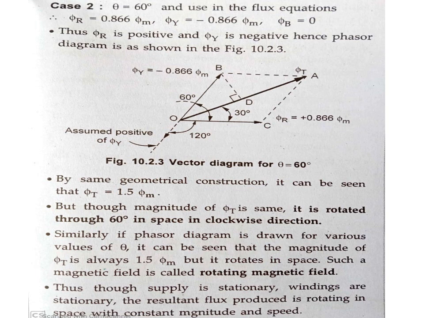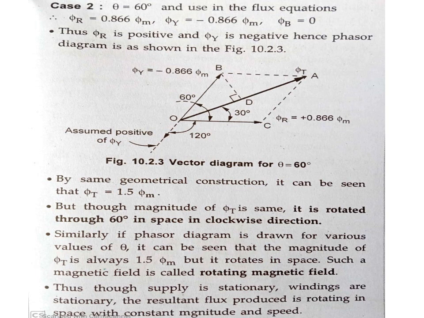Phi Y is minus 0.866 phi m, represented as OB. Phi B is 0. So the resultant phi T is drawn, as you can see in the diagram. Again you get phi T equal to 1.5 phi m, so the magnitude is the same. It is rotated through 60 degrees in space in the clockwise direction.